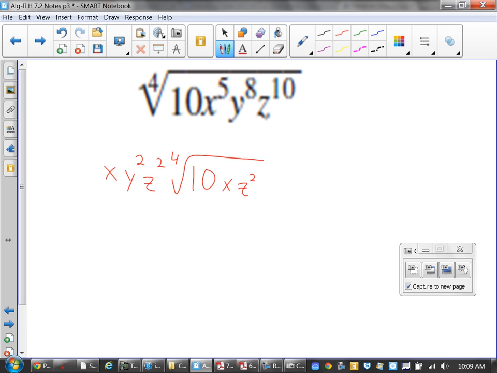This is the same thing as saying 10 to the 4th, x to the 5th to the 4th, y to the 8th to the 4th, z to the 10 to the 4th, which means it's 5 over 4, which gives you 1 and a 4th. This is 2. This is 10 over 4, no mixed fraction. That's what we were doing on that one.